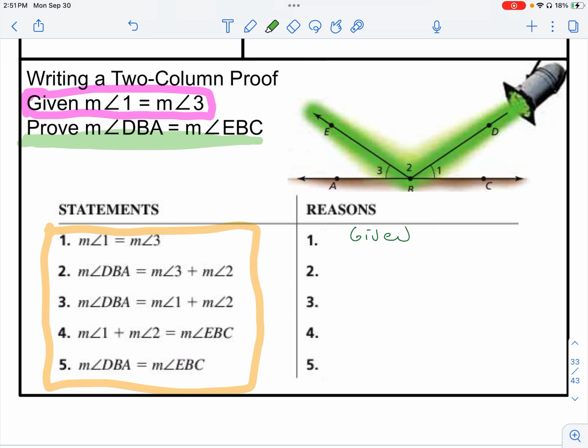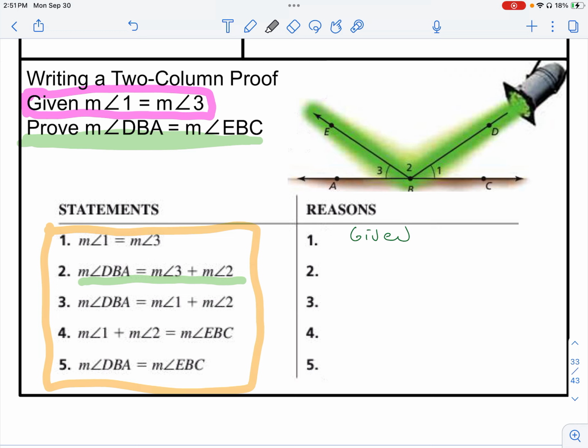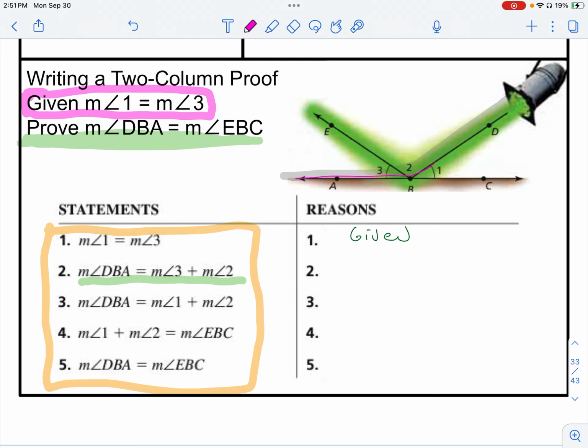So the measure of angle DBA equals the measure of angle 3 plus the measure of angle 2. Well, here's DBA. That's a little hard to see, let's pick another color. Maybe gray will work better. DBA is this angle here.